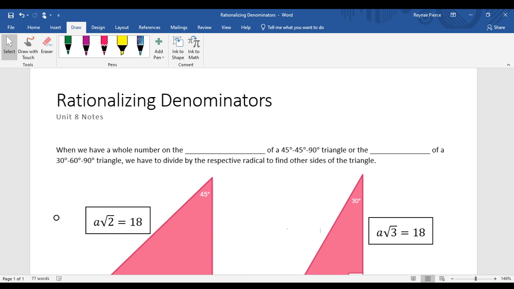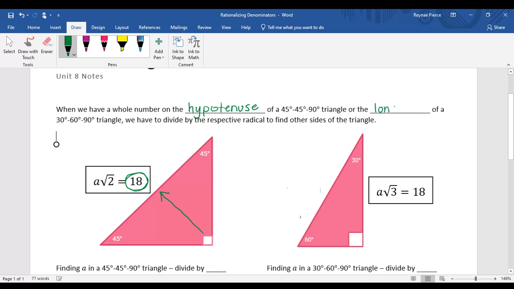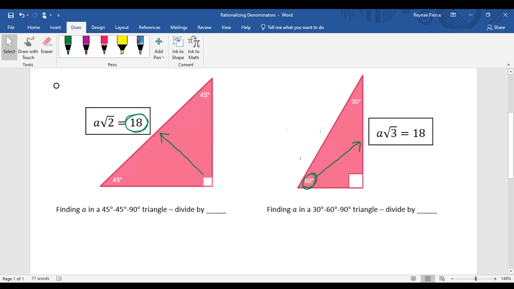So why this is important: if we have a whole number that is the hypotenuse of a 45, 45, 90 triangle, for instance, if we knew that this side was 18, or if it's the long leg in a 30, 60, 90 triangle, and remember the long leg is opposite that 60-degree angle, we have to divide by those respective radicals to figure out the length of the legs.